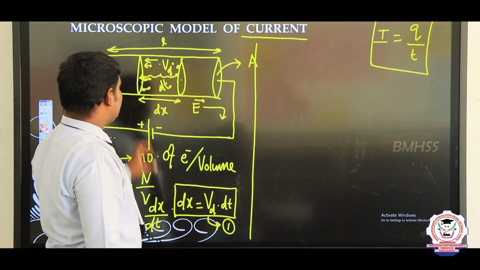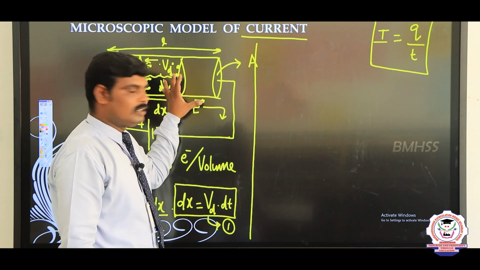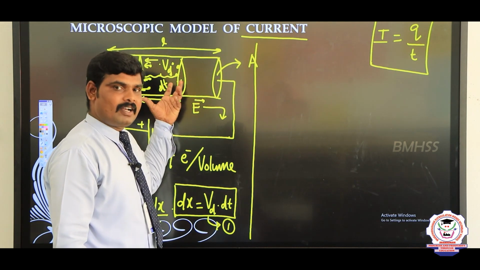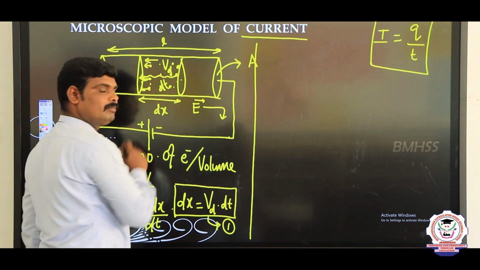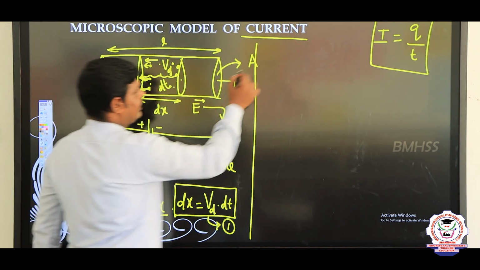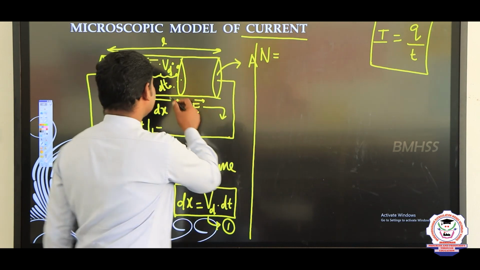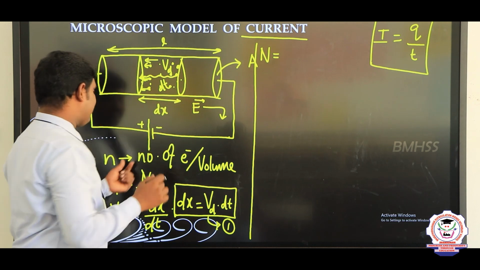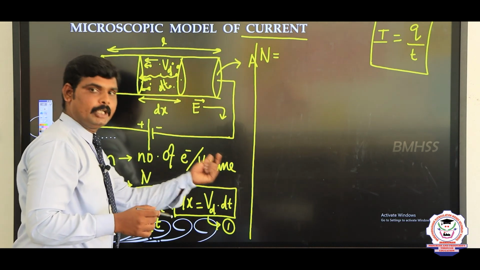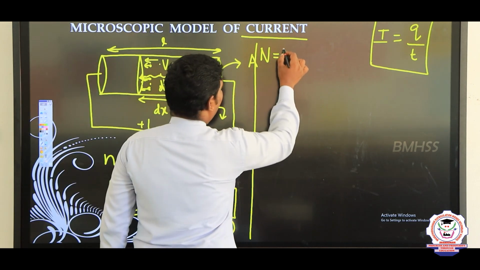Then the total number of electrons in this conductor. n electrons are present per unit volume, but in this volume the number of electrons I take as capital N. So N is equal to n, the number of electrons per unit volume, into the total volume.